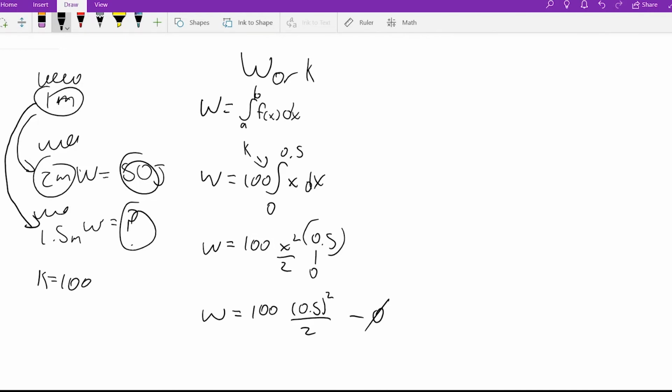So work will be 100 times 0.25 over 2. That means that work is going to be 25 over 2. The final result is 12.5 joules.